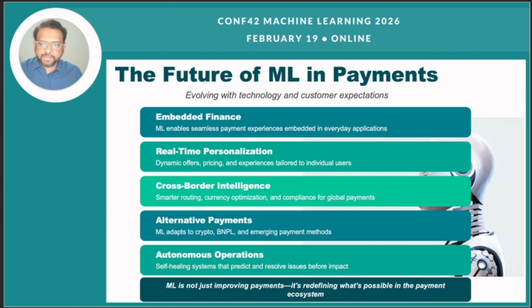The future of payments is more intelligent, more adaptive, and more seamless than what we have now, and machine learning is the enabler. The key message here is that machine learning is not just an improvement in payments, it's redefining what's possible in the payment ecosystem. It's enabling business models, customer experiences, and operational efficiencies that weren't visible before.